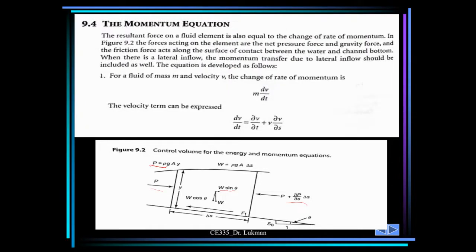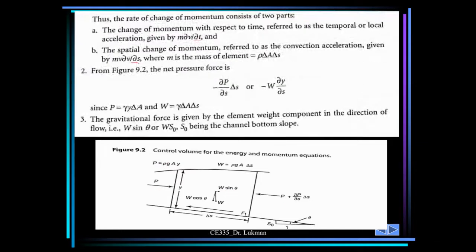That's the pressure. If we look at it very well, p equal to rho g y.